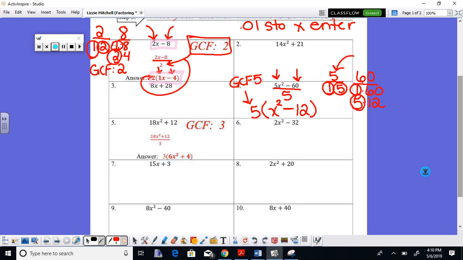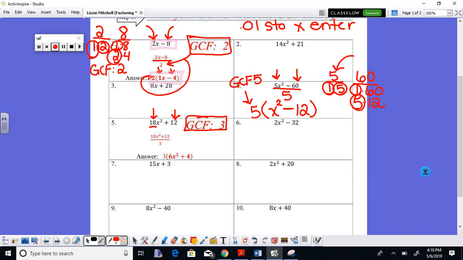Then if you look down at number 5, another one has been done for you. You have found your factors of 18 and 12. So not always is it the leading coefficient, such as 18, that is your GCF.